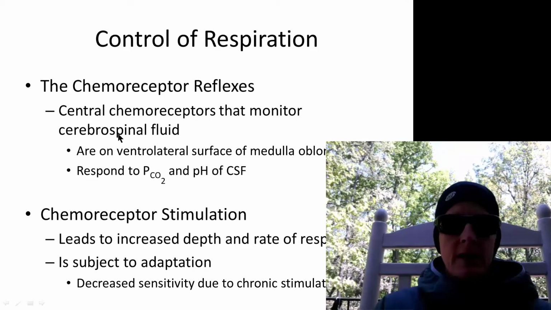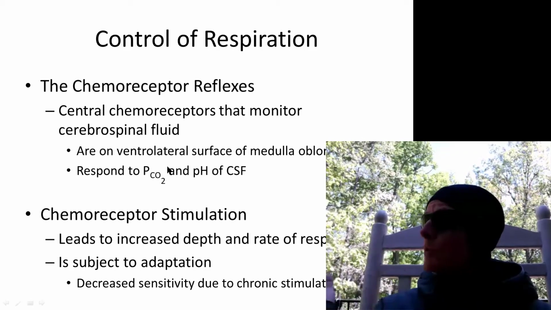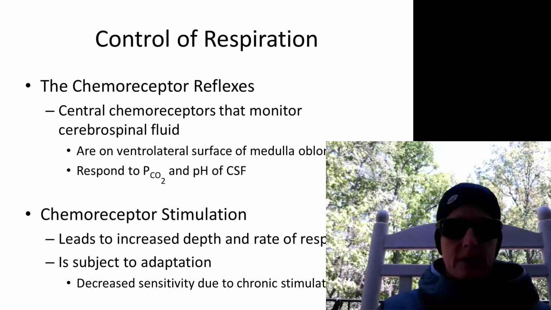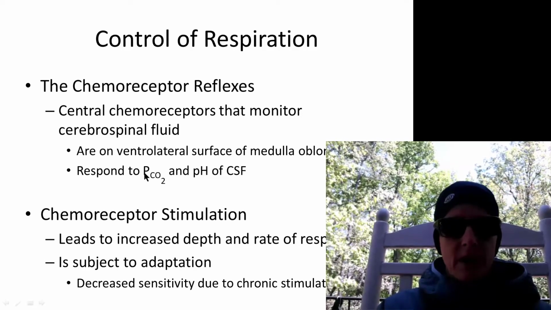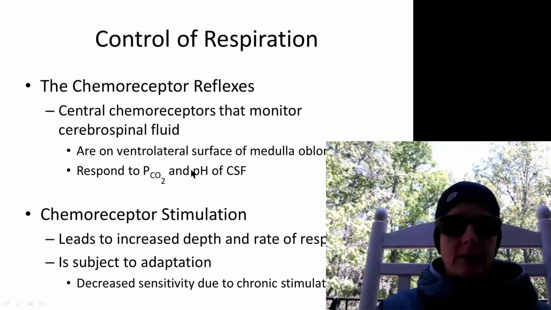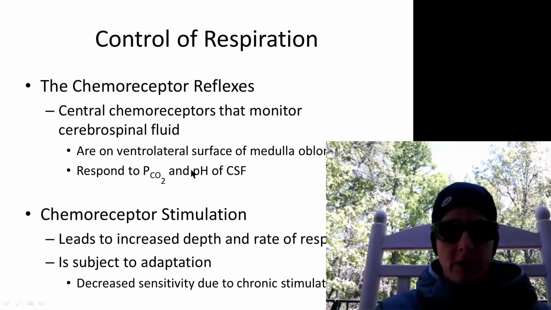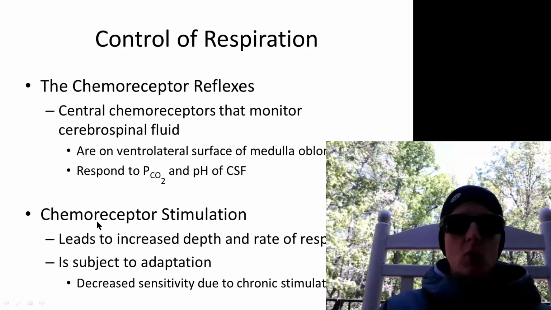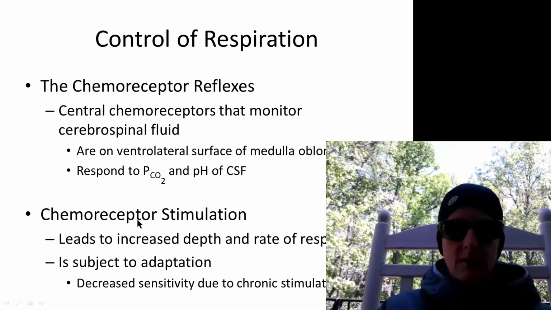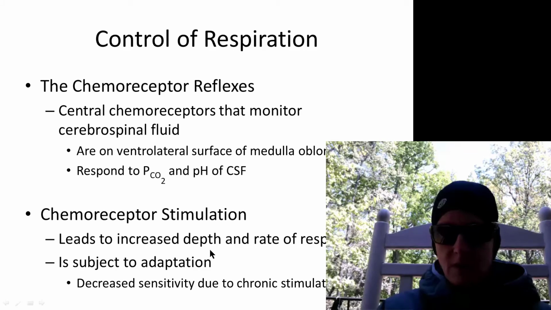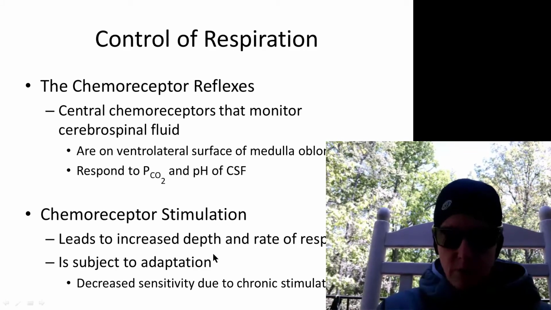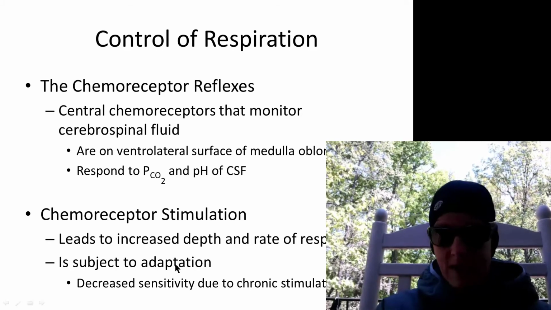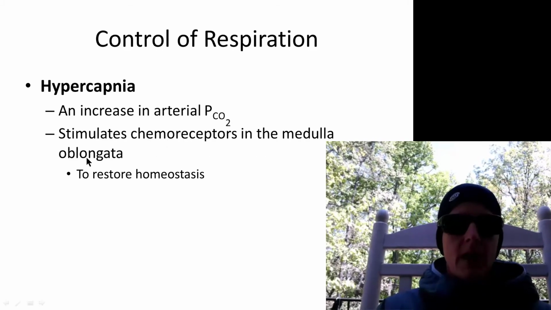But under normal atmospheric conditions, if you're off-gassing your carbon dioxide correctly, then more than likely you're going to get good alveolar ventilation, where you're bringing in enough oxygen. Now, when you stimulate these chemoreceptors, you're going to increase the depth and rate of respiration, so that you can bring in more oxygen and get rid of the carbon dioxide.